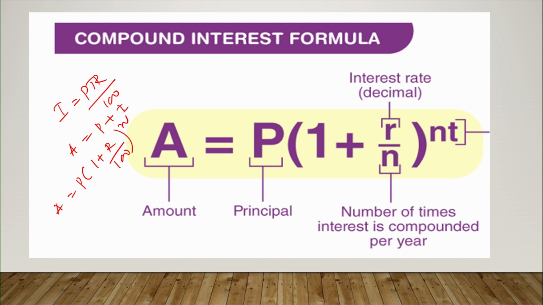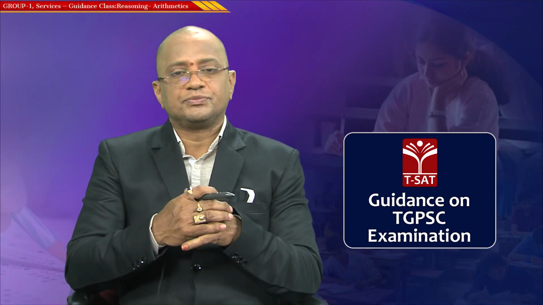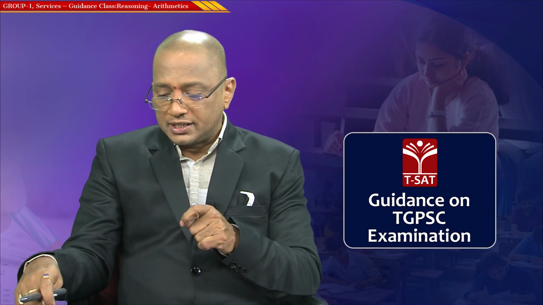Here P is the principal amount, R is the rate of interest, and n is the number of years. These formulas are also very important. Clear? By using this you can calculate compound interest also.